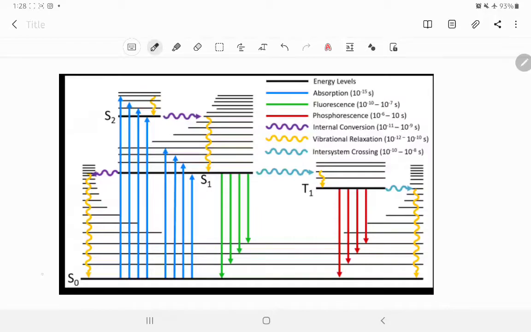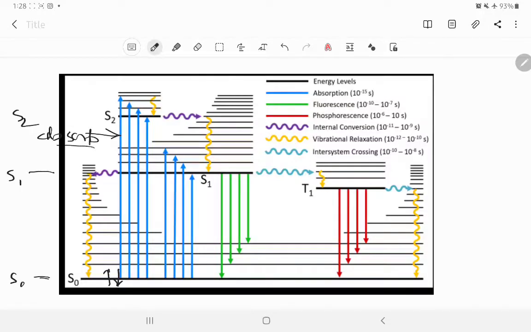When molecules are present in the singlet state initially, the electrons are paired. When a molecule absorbs a quantum of radiation, it gets excited to a higher singlet state, S1, S2, and so on. This is S0, the ground singlet state.